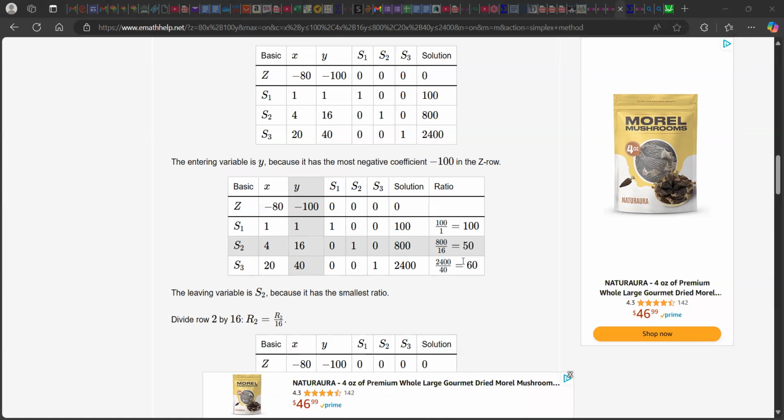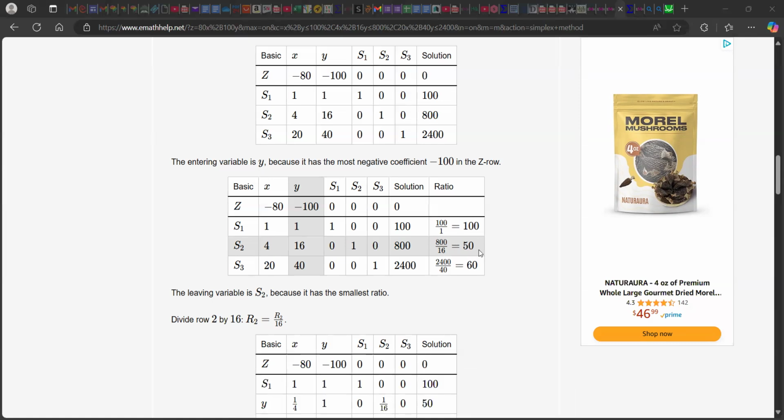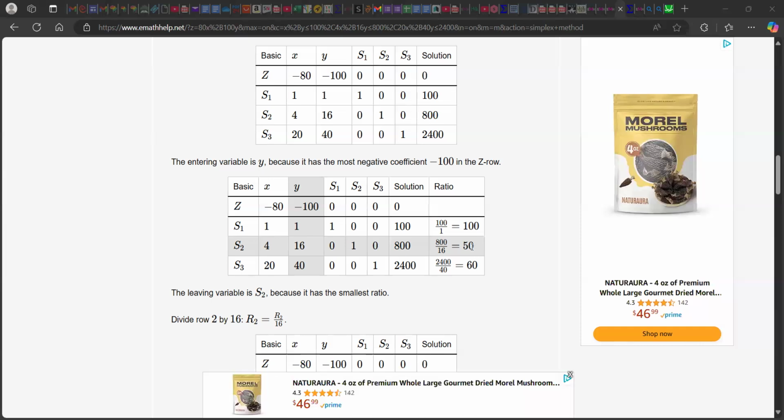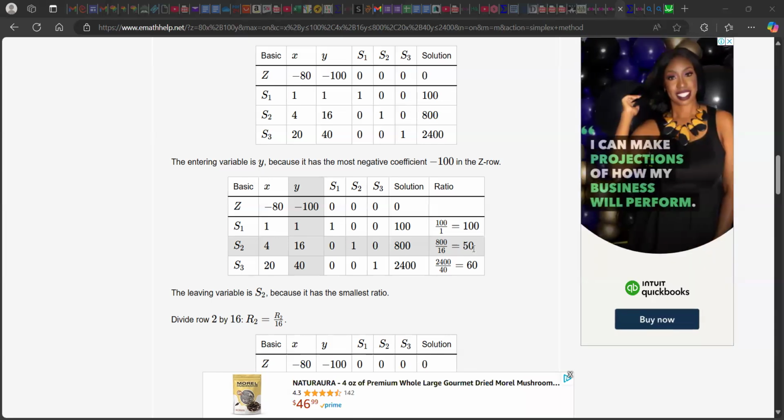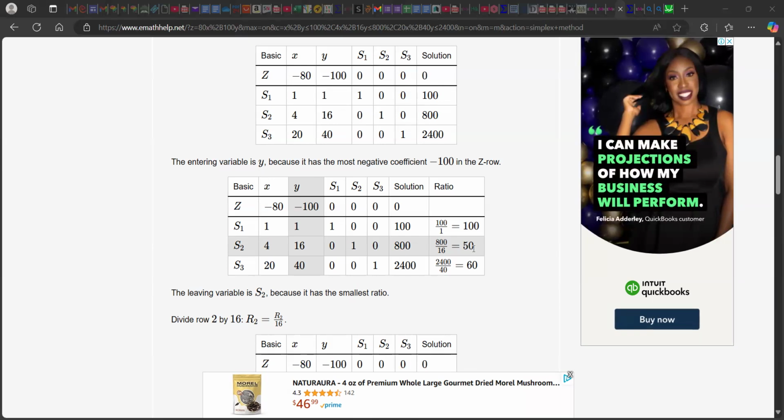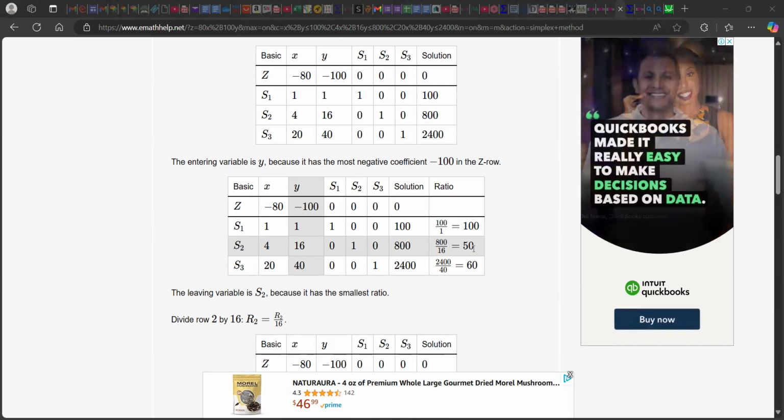What you look for next is the one with the least ratio, and you see 800 over 16 is 50, and that's the lowest ratio. So you take that row now. That row is what we refer to as the pivot row.